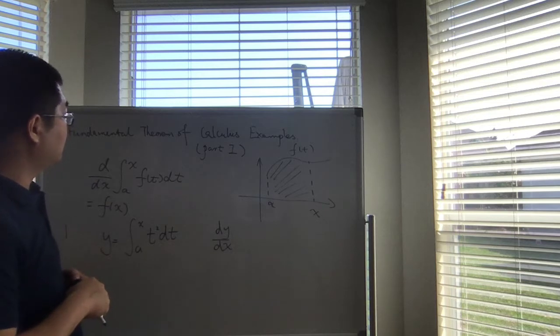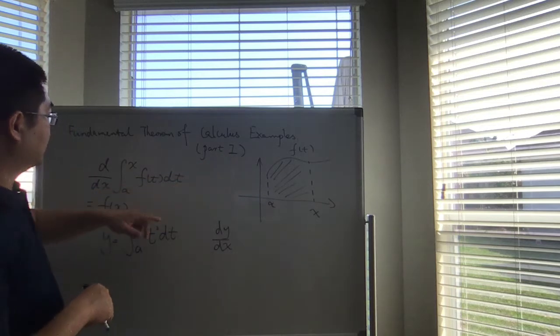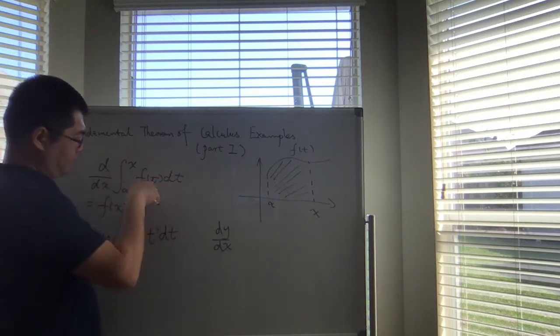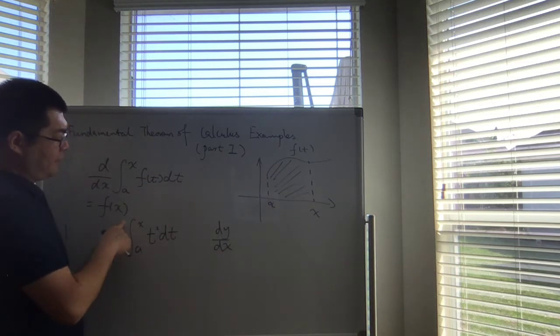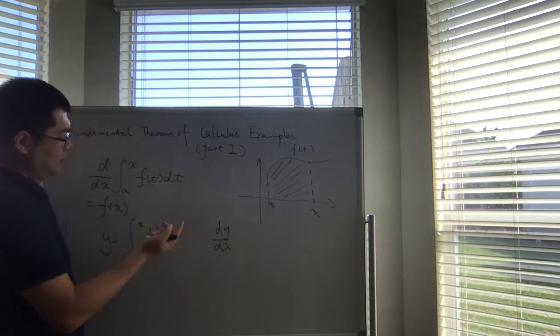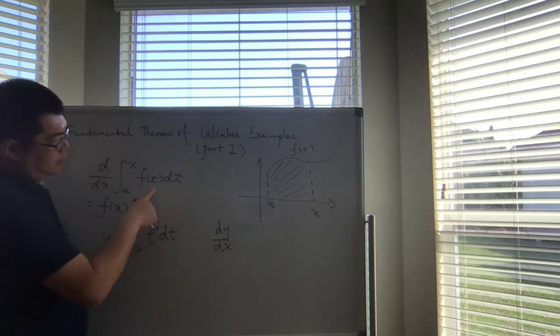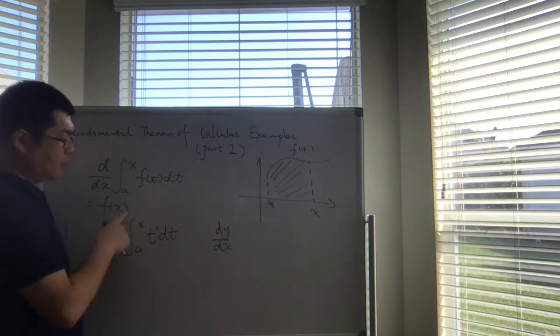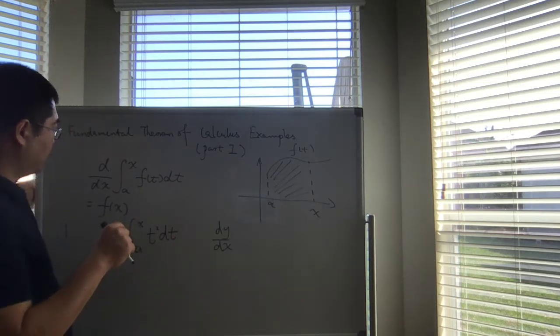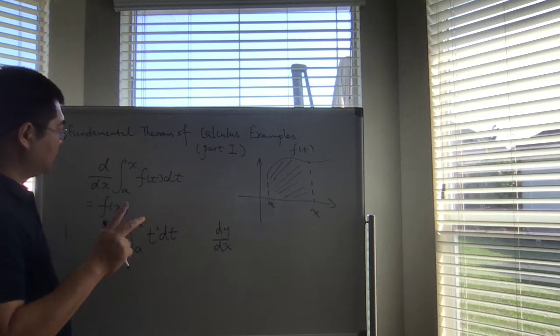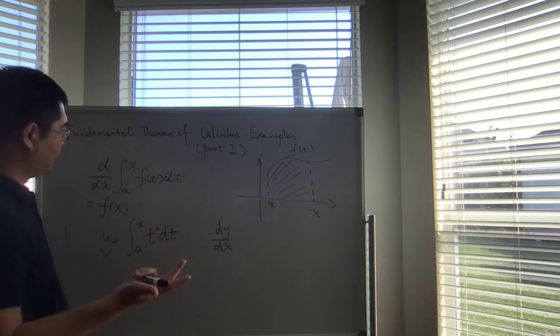The fundamental theorem of calculus part 1 says this: if you take the derivative of this function, then that is going to be f of x. Basically, all you need to do is replace t with x here. So it looks very simple. However, you do have to be very careful about part 1 of the fundamental theorem of calculus.